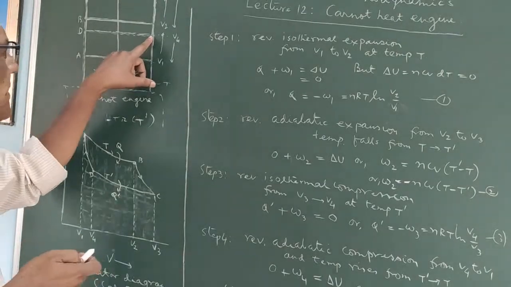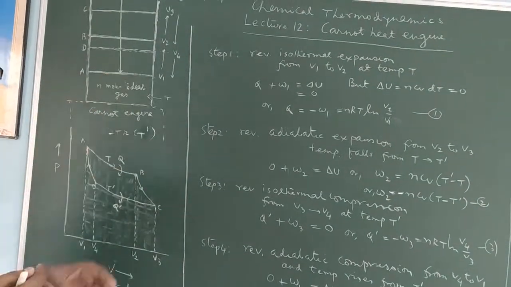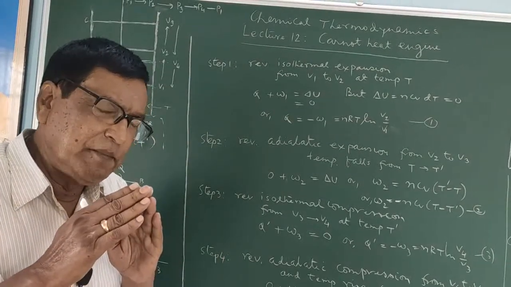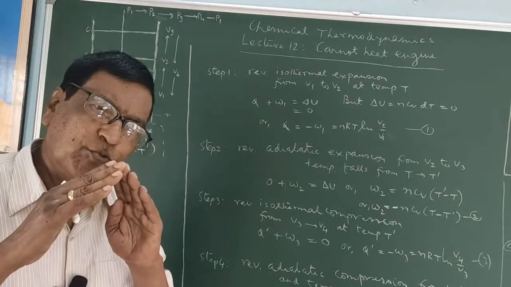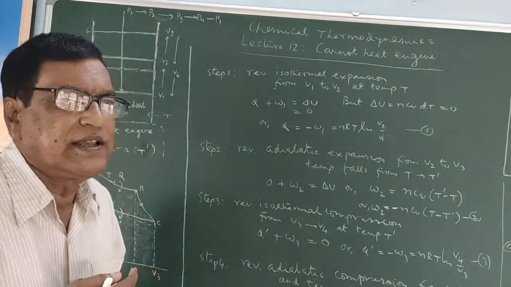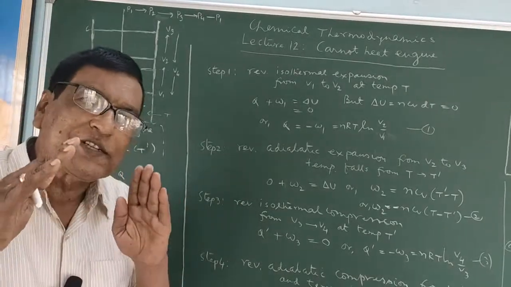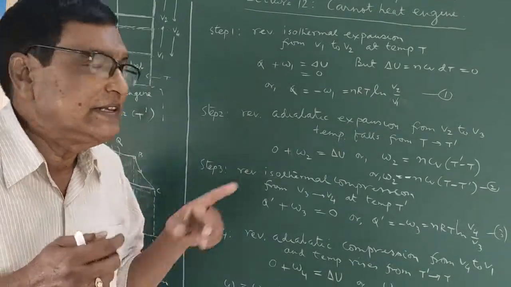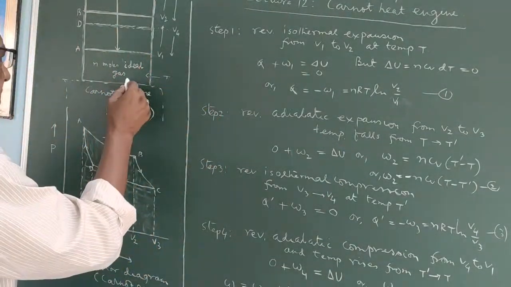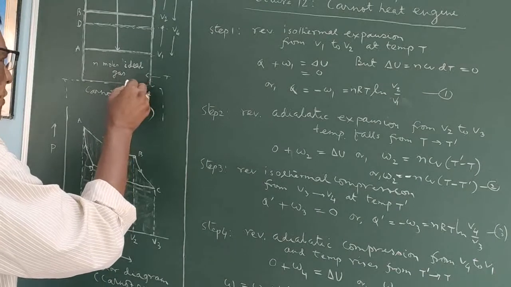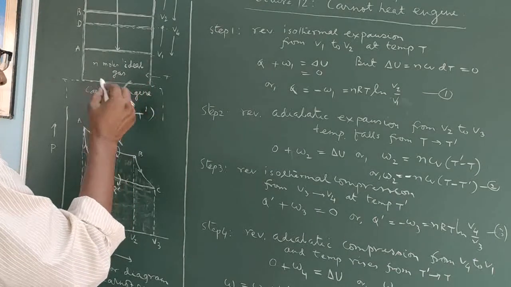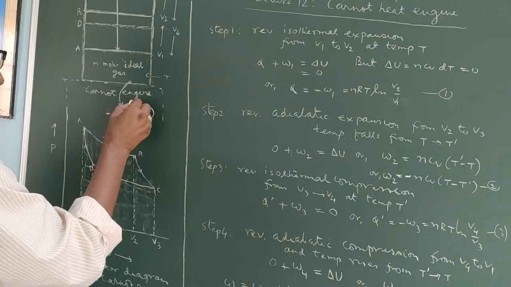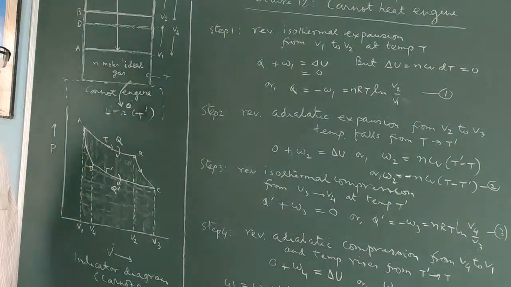Whenever compression occurs, the temperature will rise, and to keep this temperature fixed at T dash, heat is removed from this engine to this LTR, and this heat is supposed to be Q dash.